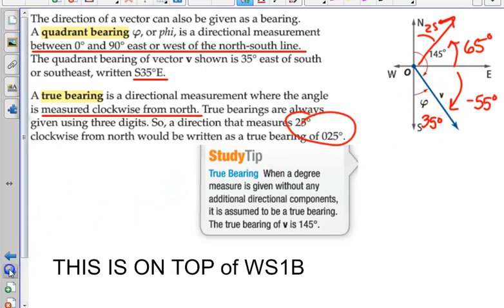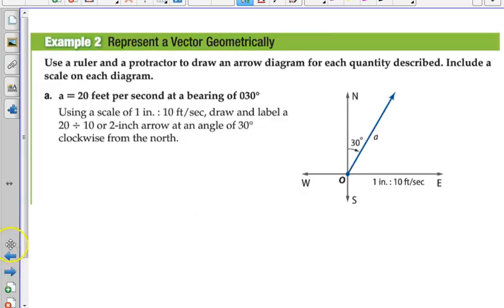All right, we'll talk more about that later. And those notes about that are on the back of the sheet. But this question says, use a ruler, and we're not going to draw it accurately, but it says 20 feet per second in a bearing of 030. When it has this 0 in front, that's telling you it's a true bearing, so it's off of north. So we would draw this, and our theta here would be 60 degrees. I almost wrote 50. And then we would just label this as 20 feet per second.